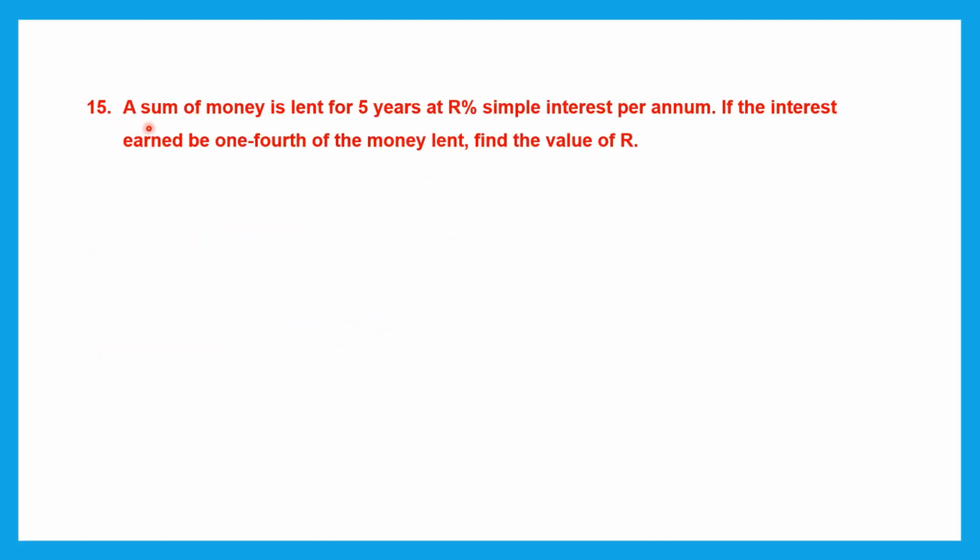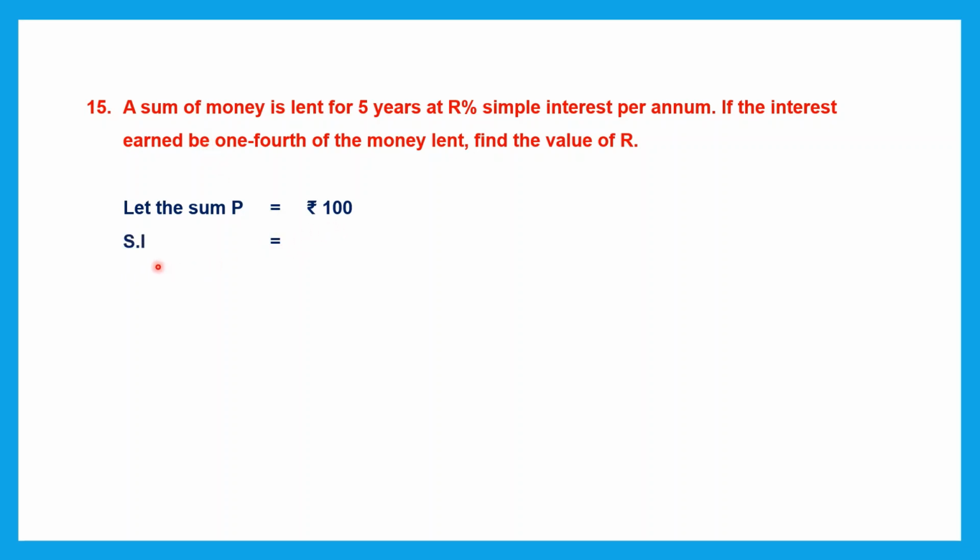Question 15. A sum of money is lent for 5 years at R% simple interest per annum. If the interest earned be 1/4 of the money lent, find the value of R. So a sum of money means principal, we don't know. So let's consider the principal to be rupees 100.